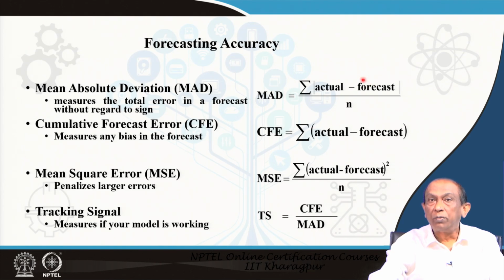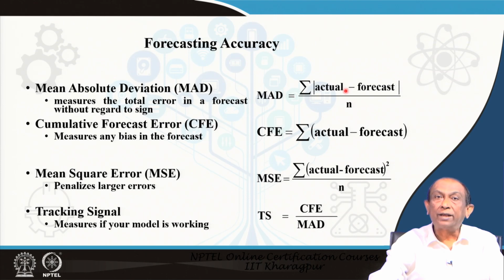That is why we basically take the absolute value of the difference between the actual demand and the forecast, and we sum it over n periods, that is why the summation symbol, and divide it by n, the number of periods for which these errors have been considered.